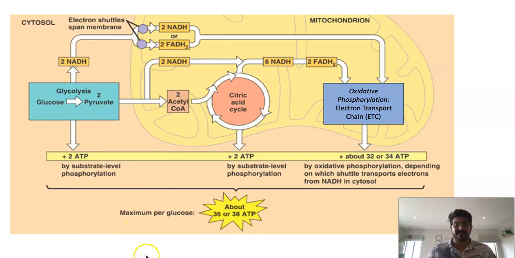So they need to in fact use energy to get in, and that's why we get this disparity. We don't get 38 all up, the 2 from here, and 34 from here. It says about 32 or 34, but yeah. So we end up with a disparity between the amounts that we get.